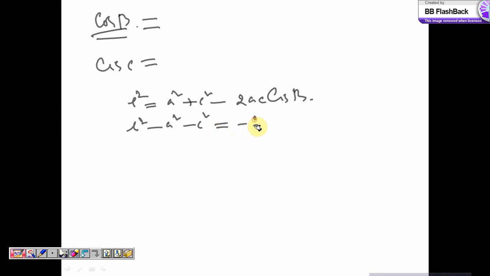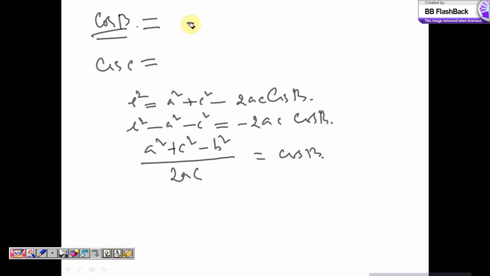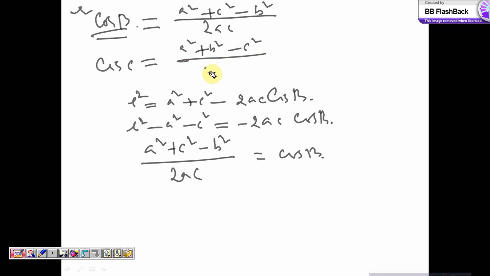I can write this expression in this way: b square is equal to a square plus c square minus 2ac into cos B. From there, b square minus a square minus c square is equal to minus 2ac cos B, and then a square plus c square minus b square by 2ac is equal to cos B. In case of cos C, you can write a square plus b square minus c square by 2ab is equal to cos C. In this way, you can find the angles while using the cos rule.